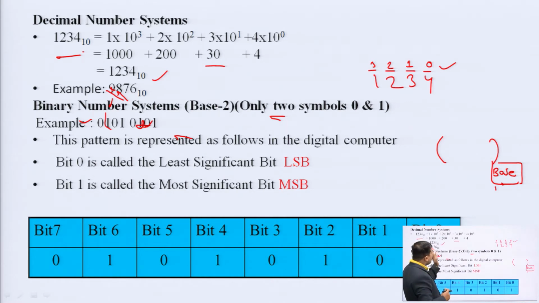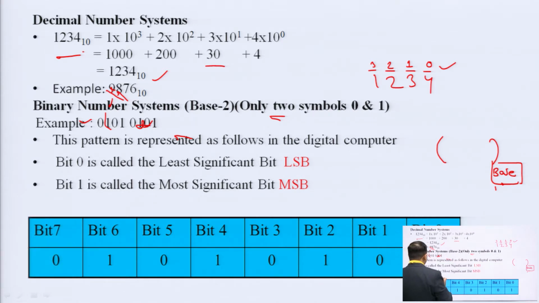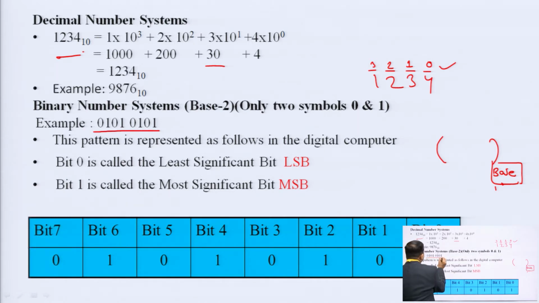Next, similarly, in binary number system we are having only 2 bits, zeros and 1. So, here I have given an example 0 1 0 1 0 1 0 1.